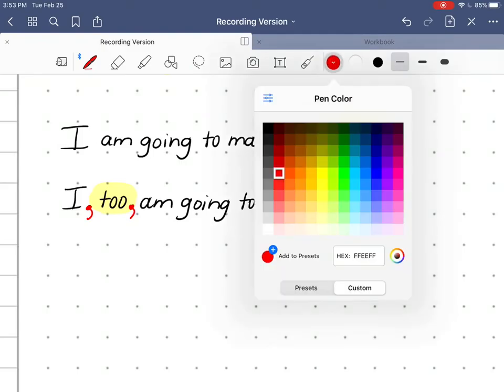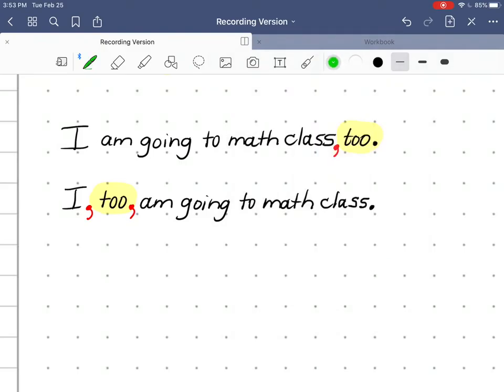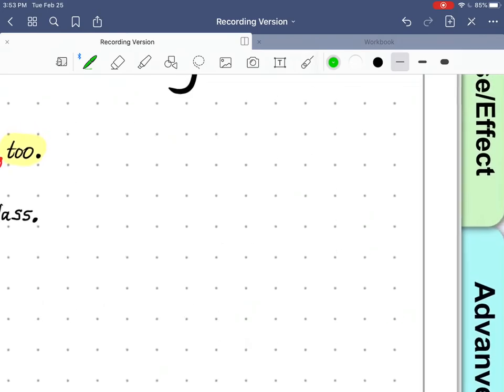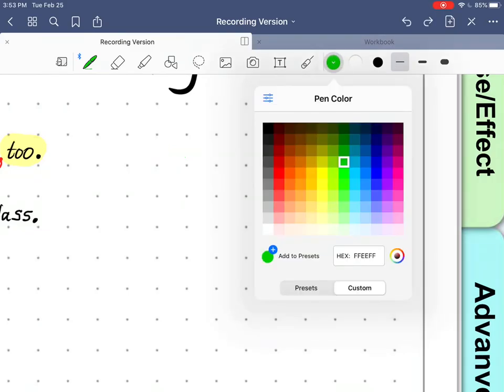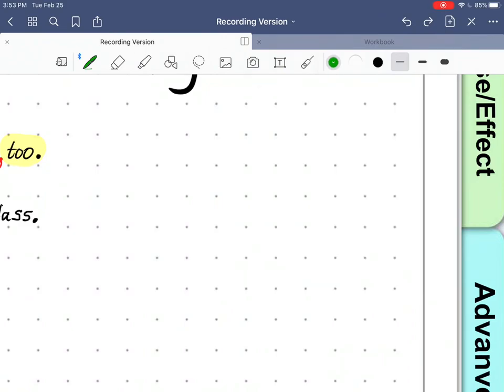I do want to tell you, this is not a comma rule, but it's very important. You need to know the difference between the word "too," T-O-O. Let me get a little bit darker green on that. T-O-O. That means also. It can also mean too much.